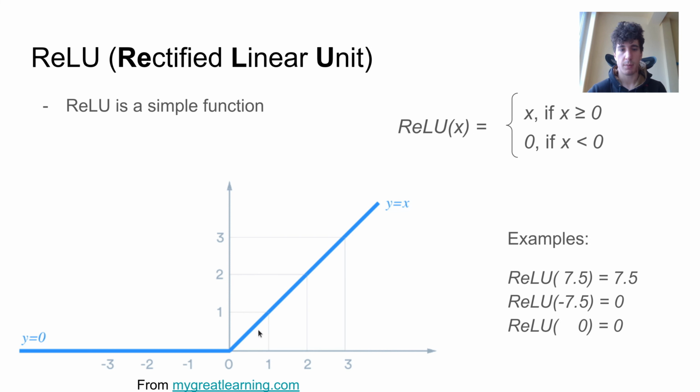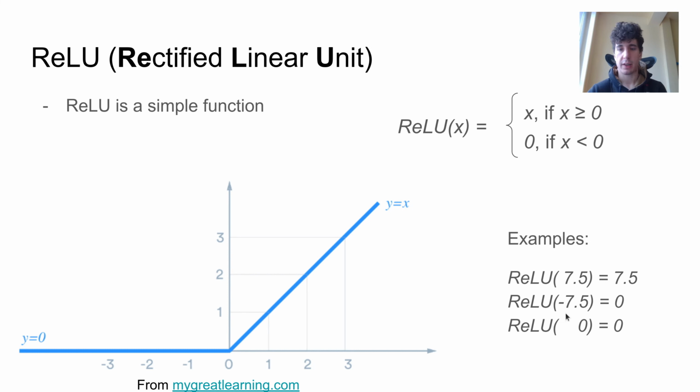If the input is positive, then it returns the number itself. If the number is negative, it returns 0. So ReLU of 7.5 would be 7.5.